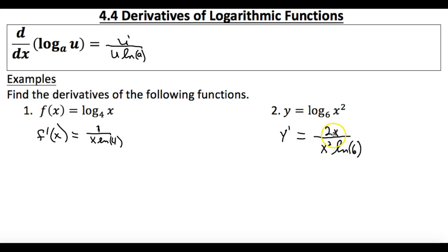I can cancel out one of my x's in both the numerator and denominator and just make this 2 over x times the natural log of 6. All right, so take a minute here, and you guys try numbers 3 and 4, and we'll go over them in just a second.